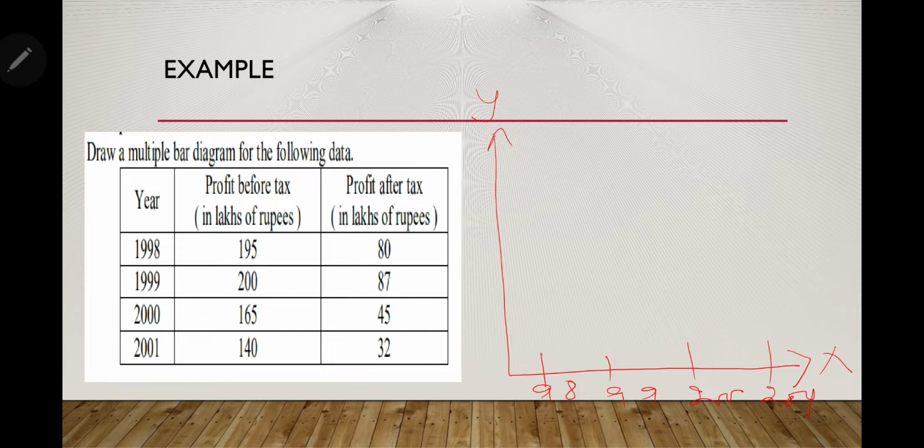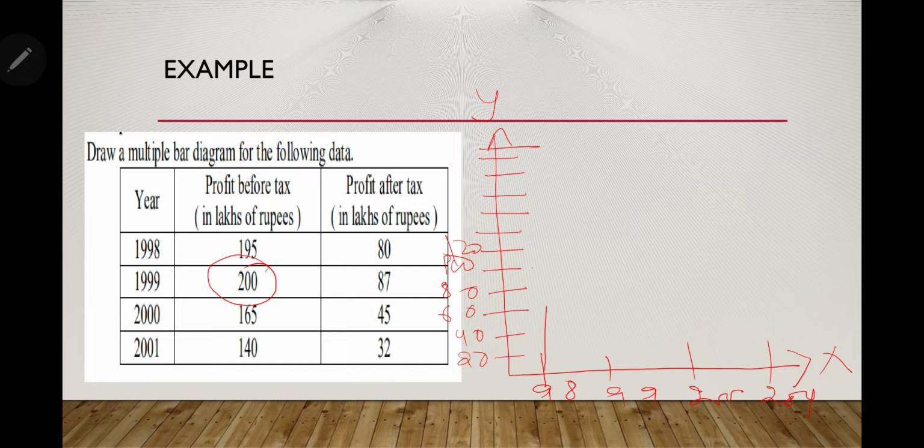Now, in order to divide the y-axis, we have to consider data given in both the columns, that is before tax and after tax. So the highest value is 200. I can divide my y-axis in gaps of 20 each, and then I can draw adjoining bars in order to show the profit before tax and profit after tax.